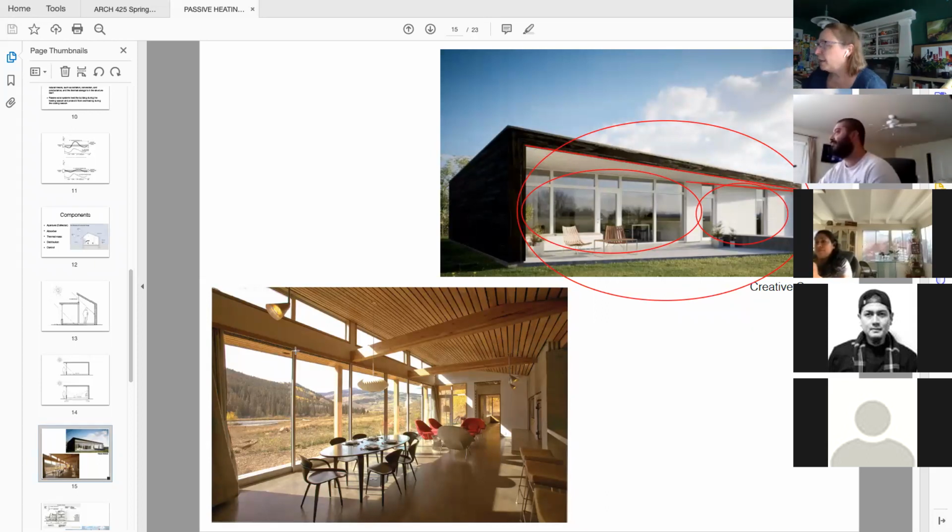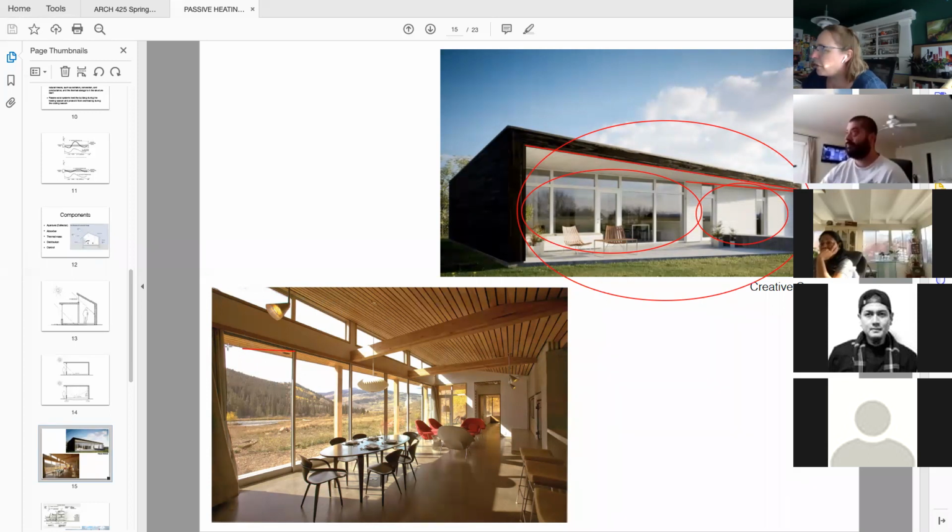This example down here has two levels of overhangs. You can't see the one outside, but there's one here, and then I'm sure there's one up above, although I can't swear to it.